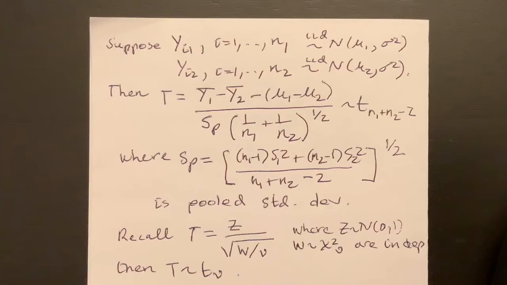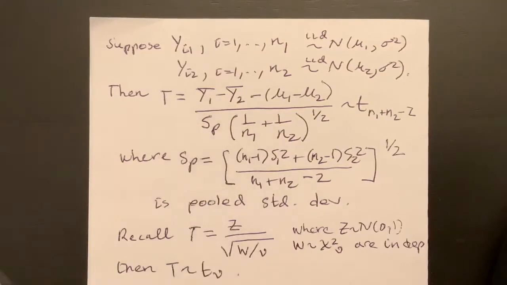So the challenge will be to show that this expression can be expressed this way, that there's a numerator which is standard normal, and a denominator which is chi-squared divided by its degree of freedom.